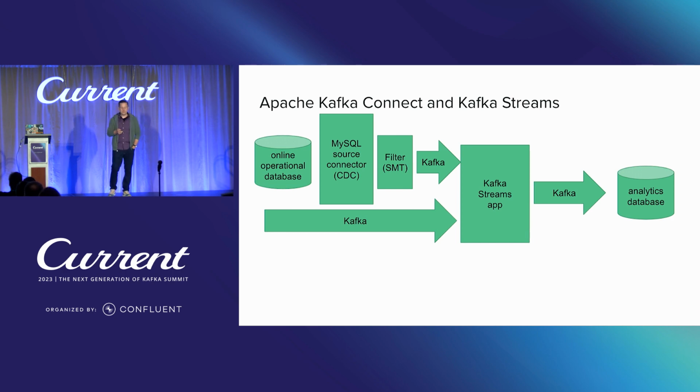But you need something like Kafka Streams to do the real processing, like to do some joins. So within the Apache Kafka ecosystem, you could build this pipeline using Kafka Connect and Kafka Streams. But again, there's no pipeline anywhere. There's no overarching concept here. There's just pieces that you are fitting together.